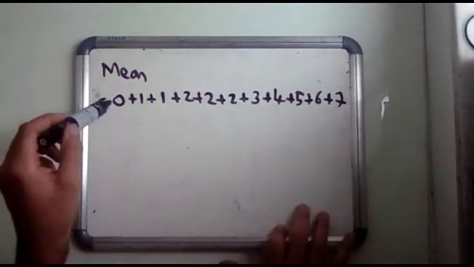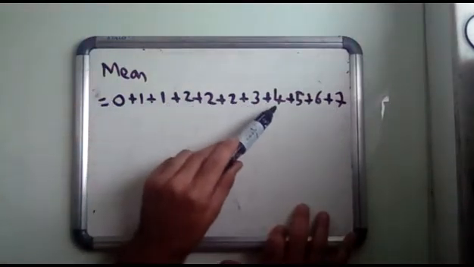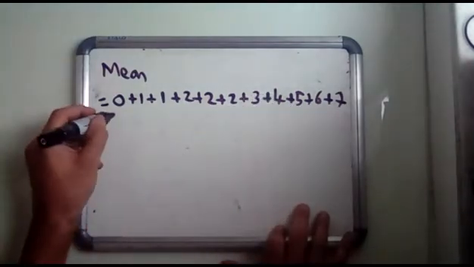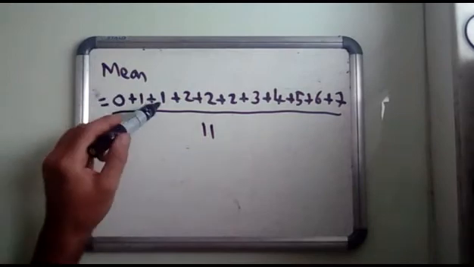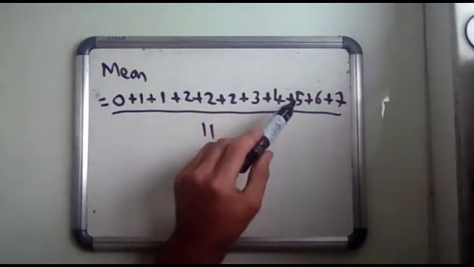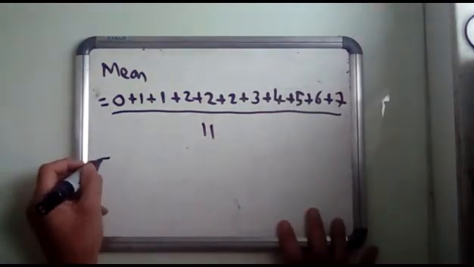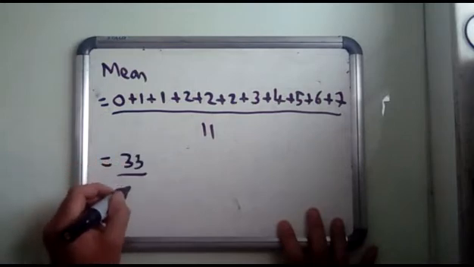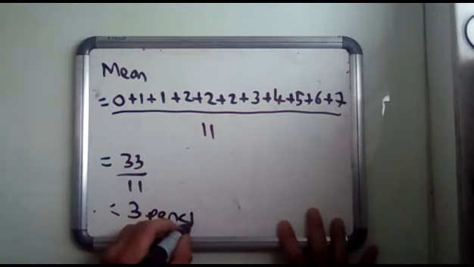Check the number of numbers: there are 11 numbers, so divided by 11. The running total goes 12, 16, 21, 27, 33, a very friendly number, and of course 33 divided by 11 equals 3 pencils.